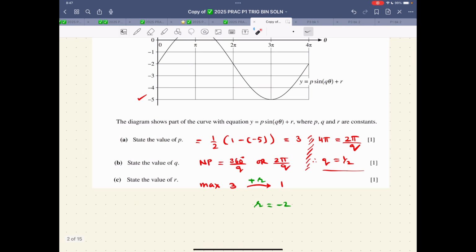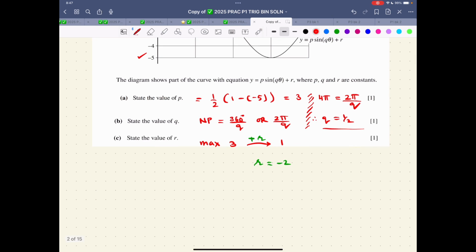What about this thing, R? So now the maximum value should have been 3 if there was no R. So you can write it like this, that if the question was y is equals to p sine q theta, the max would be p and min would be -p.